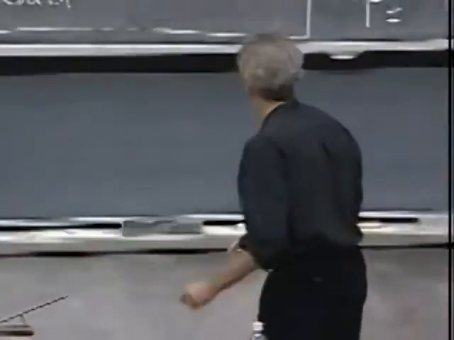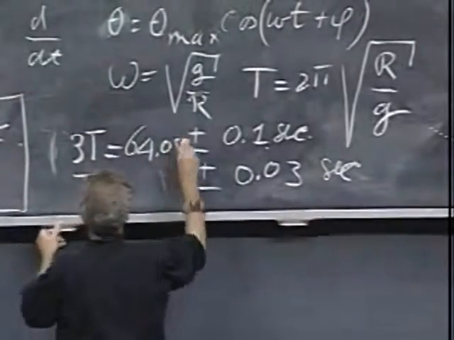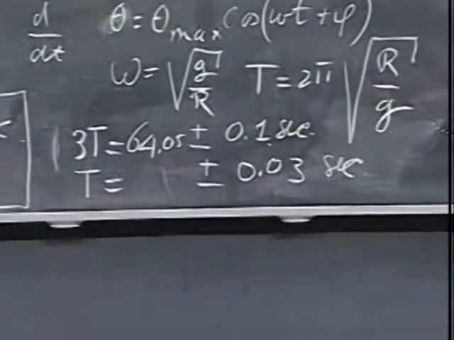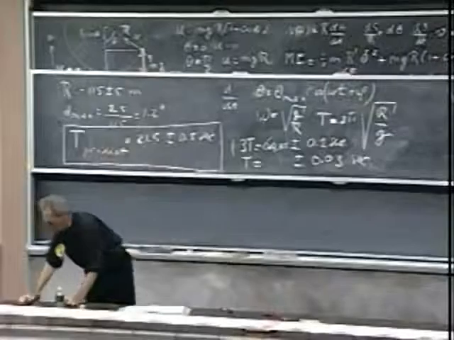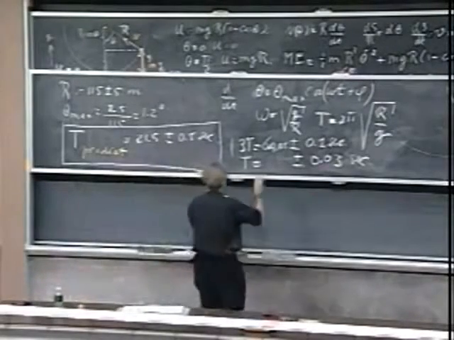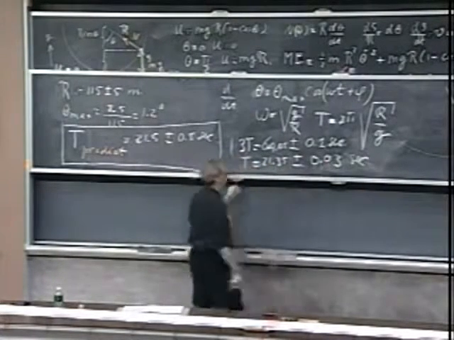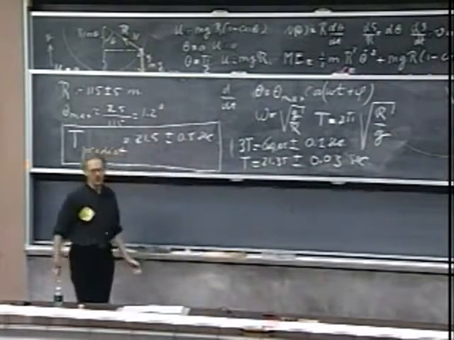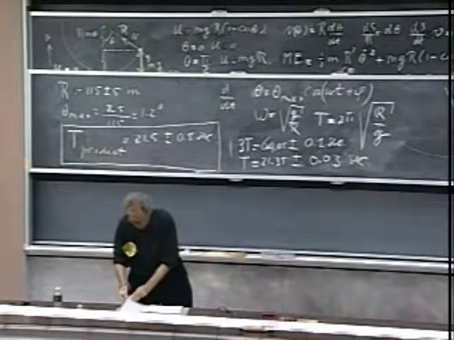So 3T equals 64.05. I divide that by 3. That is 21.35 plus or minus 0.03. It's exactly in agreement with the prediction, with the uncertainty of the prediction.